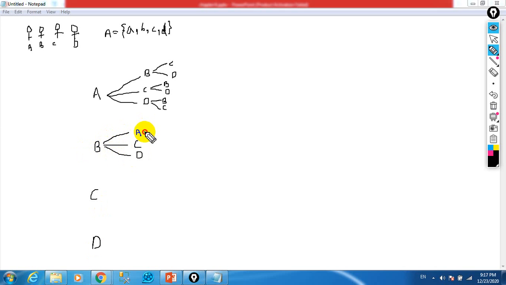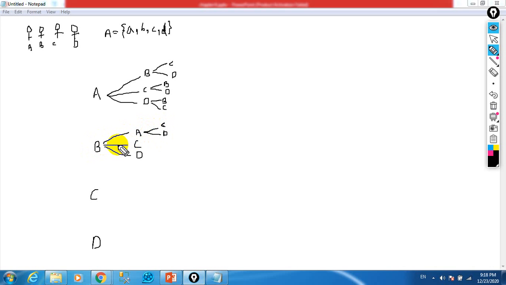Here we take the third child because we are taking combinations of three. So now here we will have B, A or C or D next. So I will write C and then D. So this is a combination.